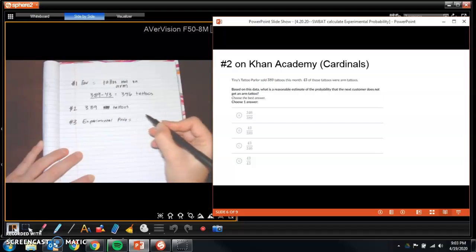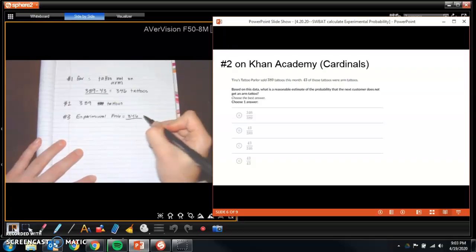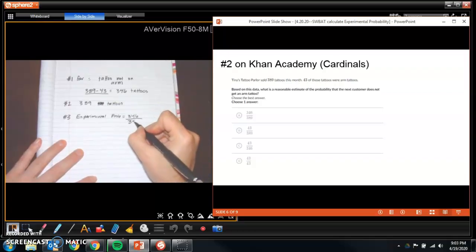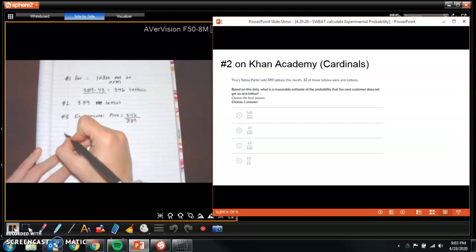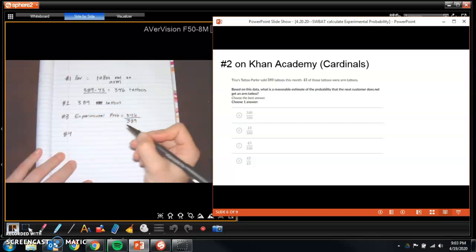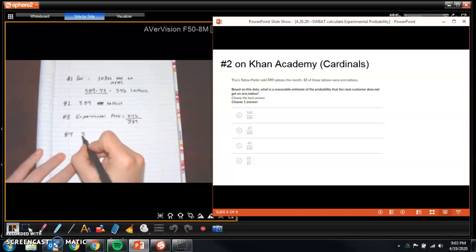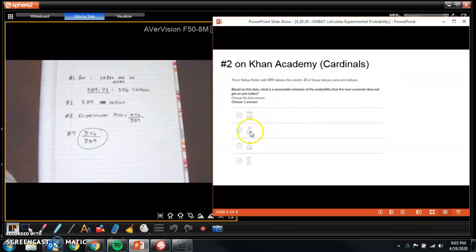And the experimental probability in this situation will be 346 tattoos not on the arm out of 389 tattoos total. And then in number 4, looking at my answer choices, I don't have to simplify or convert. So my answer here is 346 out of 389. Did not have to simplify or convert.